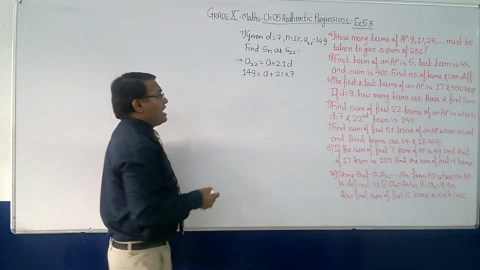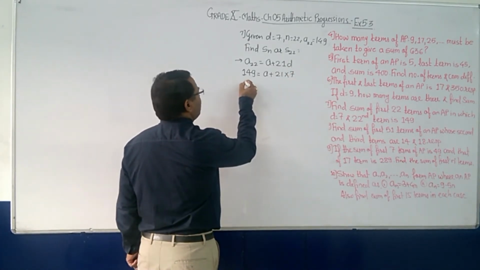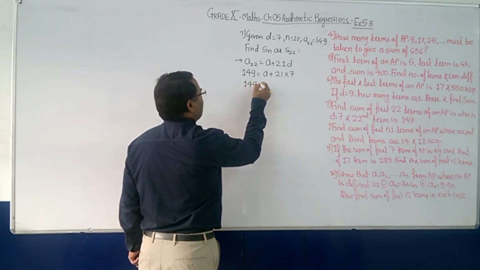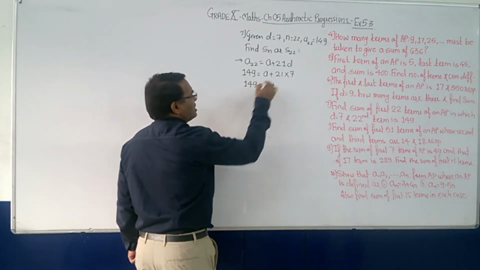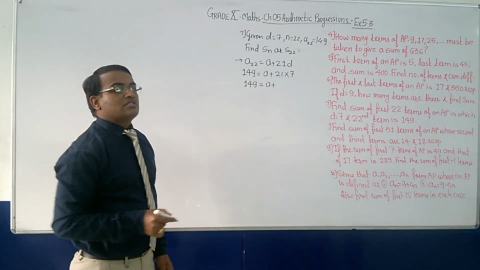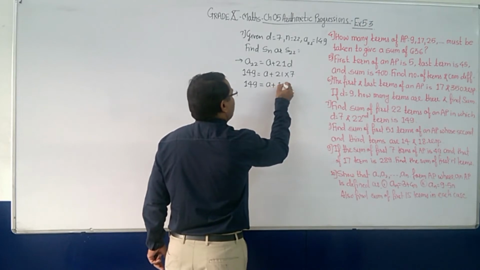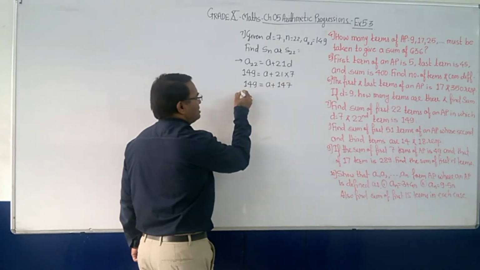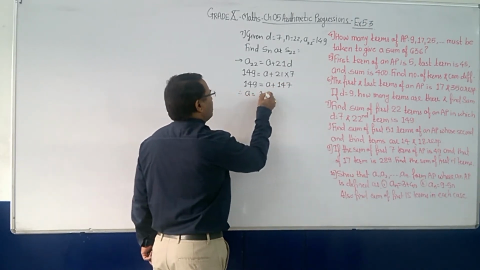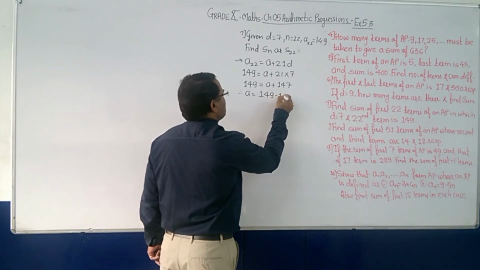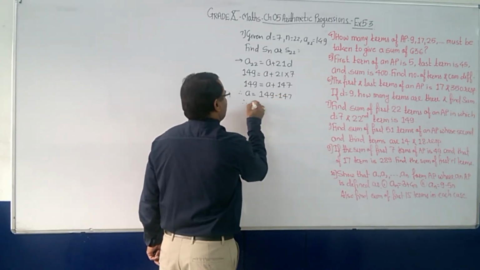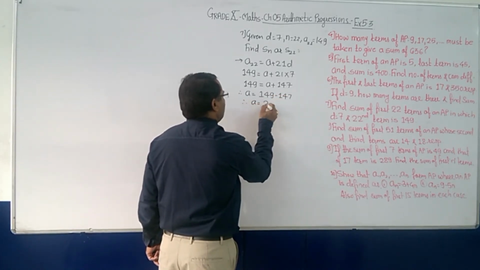Is it okay? After that, we can simply write 149 is equal to a plus 21 into 7, that is 147. In this way your a will be 149 minus 147. Therefore your a is equal to 2.